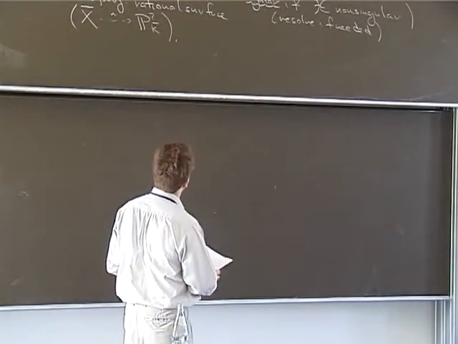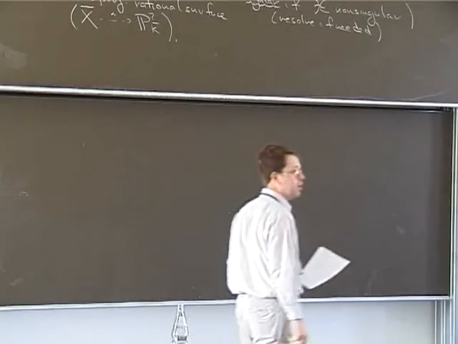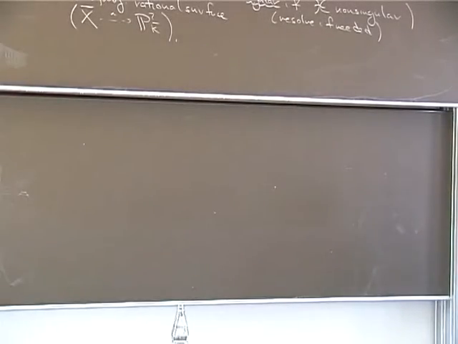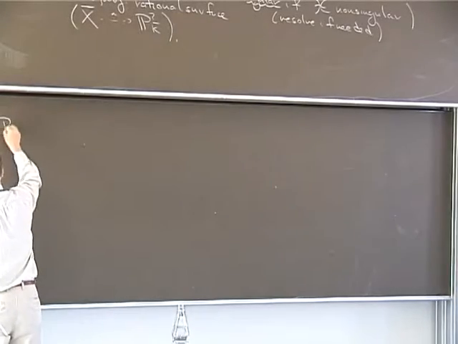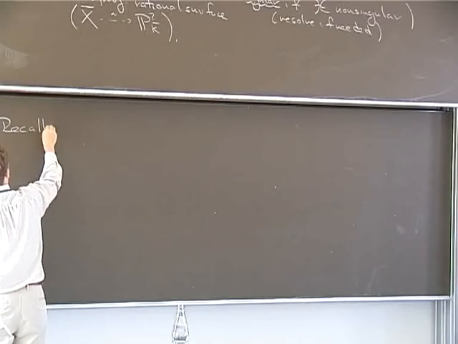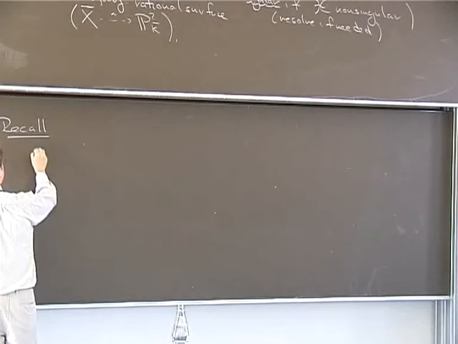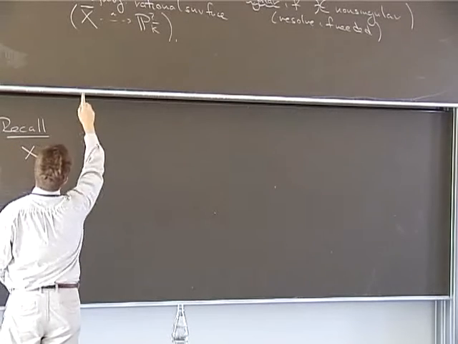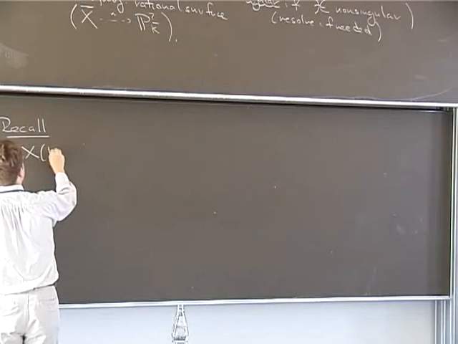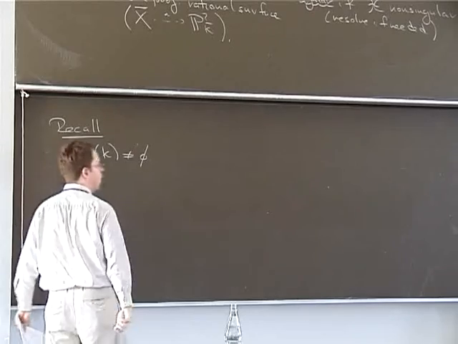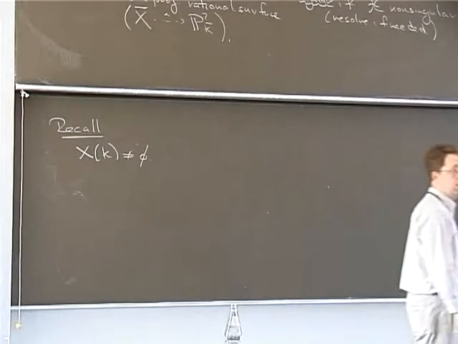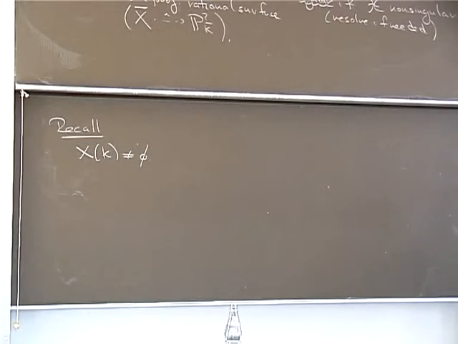So maybe let me make a remark about all this. So we saw that if X is such a surface, we always have a rational point. So we discussed this, I think, yesterday at the beginning of the lecture.